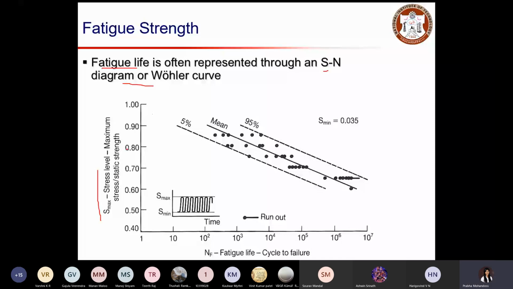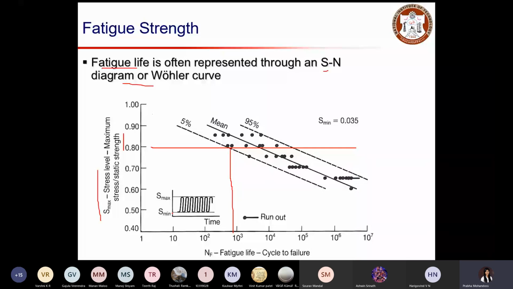This represents the mean fatigue strength, and the 5% and 95% curves around the mean fatigue strength. If you are designing your member for this stress level, then your member should withstand a number of cycles in this range. If the cycles go beyond this, your member may fail.